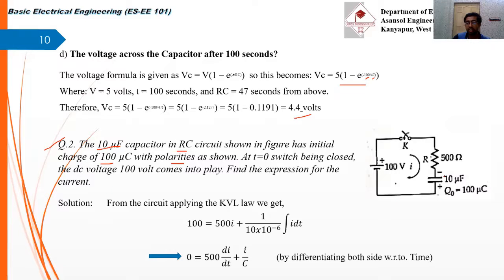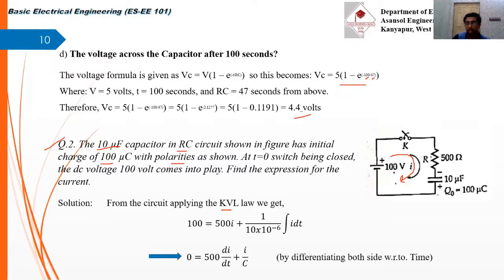Okay, so at the initial condition the capacitor is already charged and its polarity is given: the upper plate is negative and the lower plate is positive. Now apply KVL in the circuit. By applying KVL, you can see that current will flow along this path.